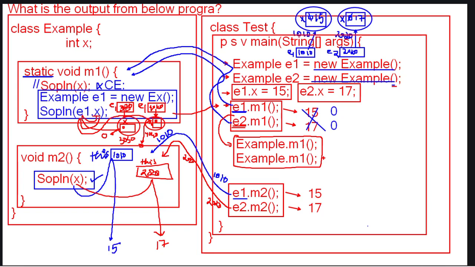Second problem. Like in the above program, if we create a local object for accessing a non-static variable, the non-static variable is always accessed from the local object.